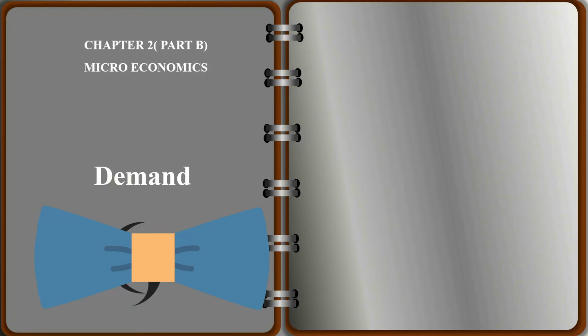Today we are going to discuss the second part of consumer behavior in your microeconomics, that is demand. Under the demand topic, we are going to learn the following topics.